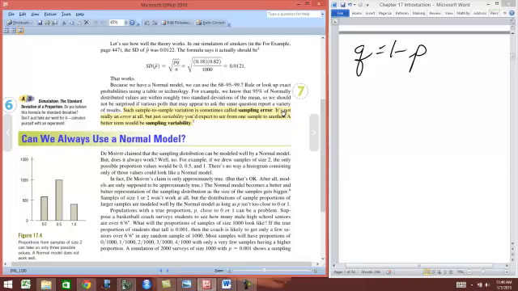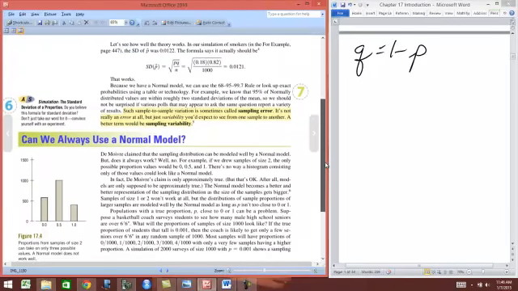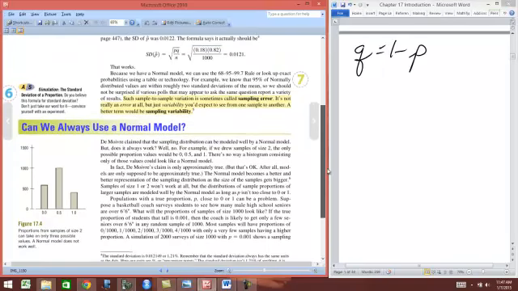Well, you can think of a proportion as a very weird sort of distribution made out of just zeros and ones. Anyway, that discussion is going to take place a little bit on the next page. Let me finish this off here. So let's just move on.